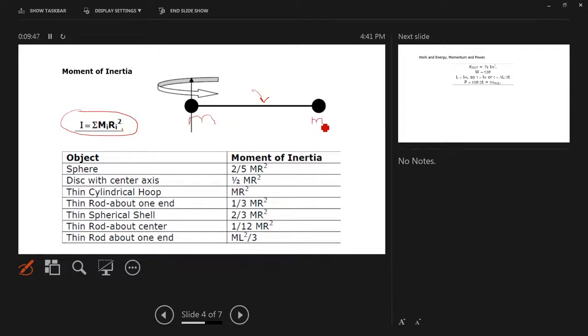So that would be a structure. And in this case it's rotating about one end, but we could have the axis of rotation anywhere along here. We could have the axis of rotation in the middle, or the axis of rotation could be at some angle. It doesn't really matter, but wherever the axis of rotation is, it's going to change the moment of inertia, because what the moment of inertia is telling us is how difficult it is to rotate this object.